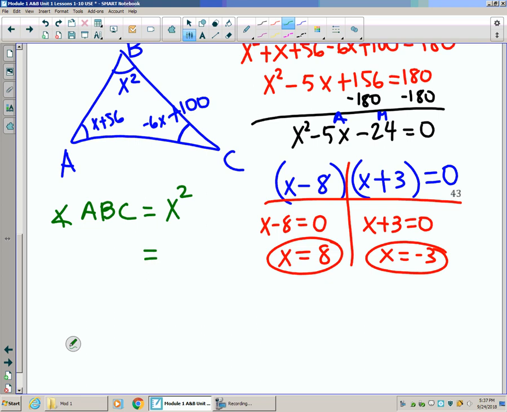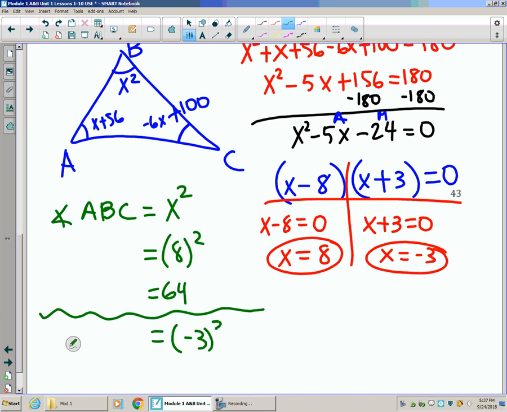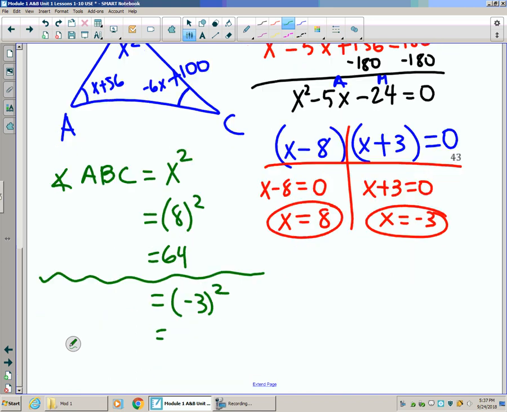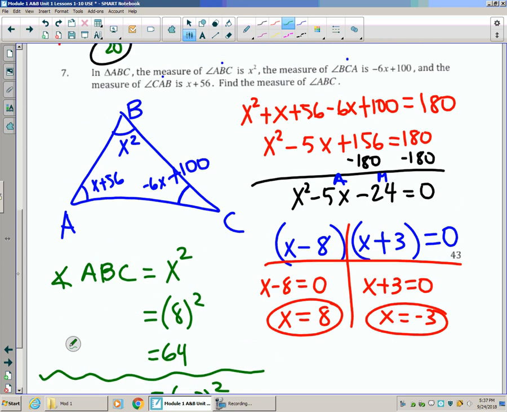So I could say that if I choose 8, angle B in this case would be 8 squared, which is 64. If you substitute using negative 3, then you're going to see that negative 3 squared would be, in this case, equal to 9. So that's okay. Either answer should be fine. It just happens to work out either way.